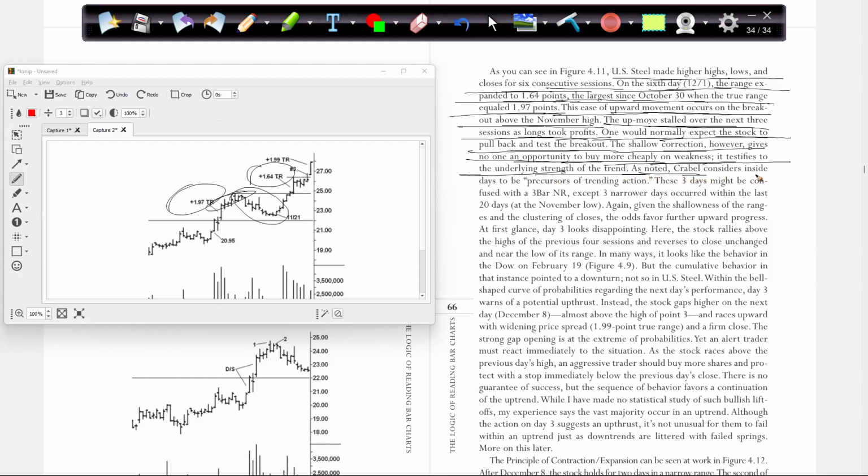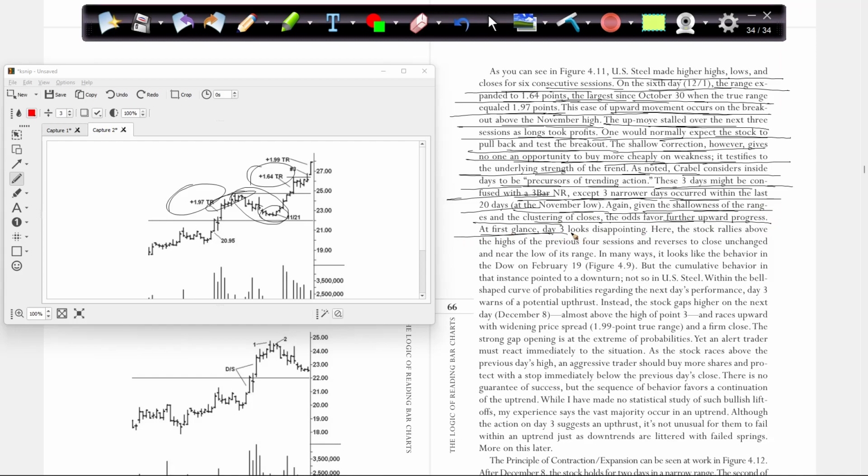As noted, Crabble considers inside days to be precursors of trending action. These 3 days might be confused with a 3-bar narrow range except 3 narrower days occurred within the last 20 days at the November low. Again, given the shallowness of the ranges and the clustering of closes, the odds favor further upward progress.